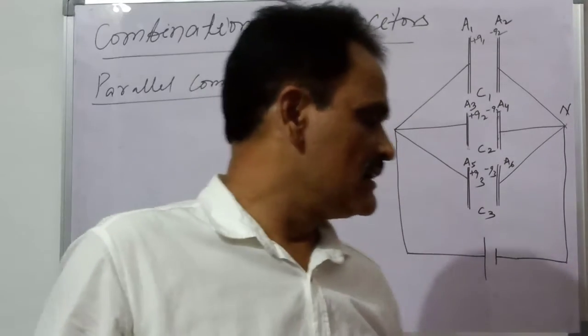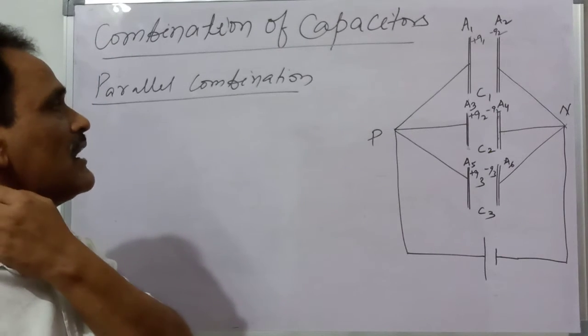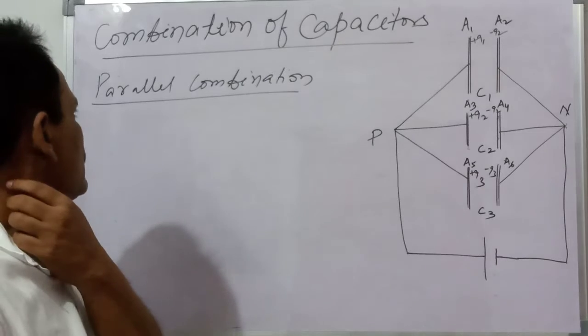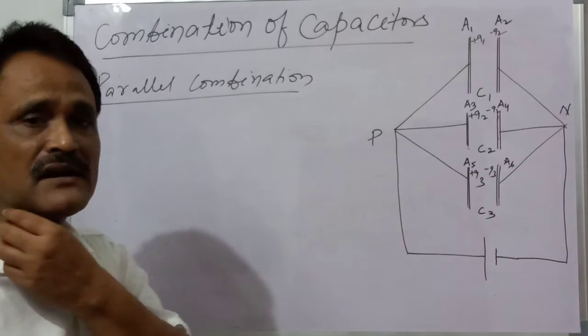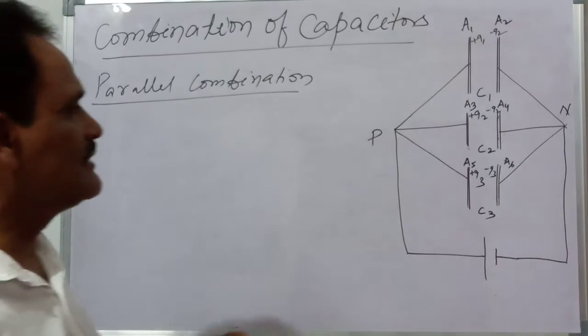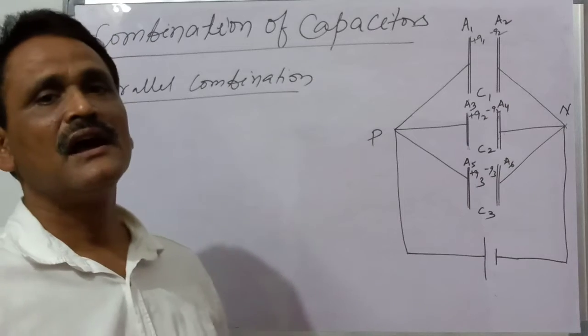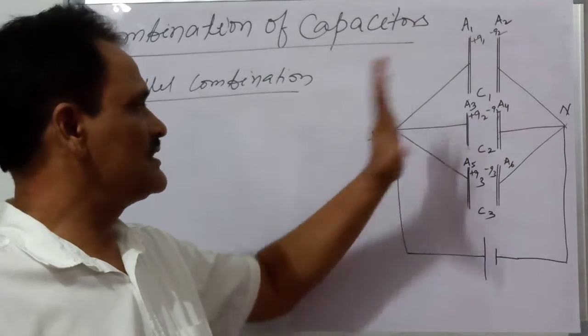This is the identification, or how you can identify whether the combination is parallel or not. We can observe that the potential difference between the plates of all the capacitors is the same. So this is the parallel combination.